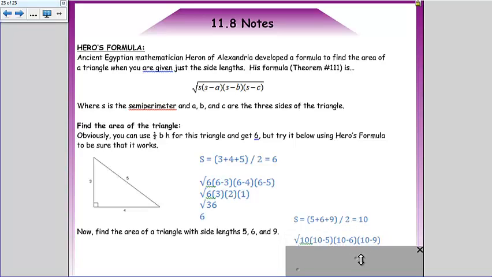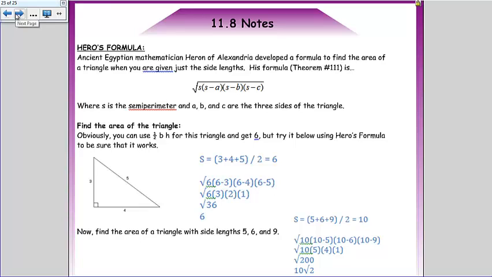And then we follow their formula. 10 multiplied by semi-perimeter minus each of the 3 sides, which will get us to 10 times 5 times 4 times 1, which gets us to square root of 200, which gives us an area of 10 root 2 units squared. That's the use of Hero's formula here. And that takes care of any triangle.